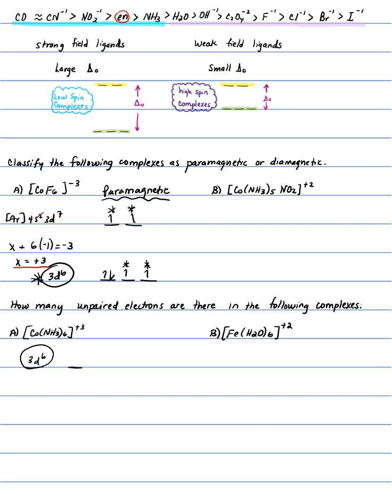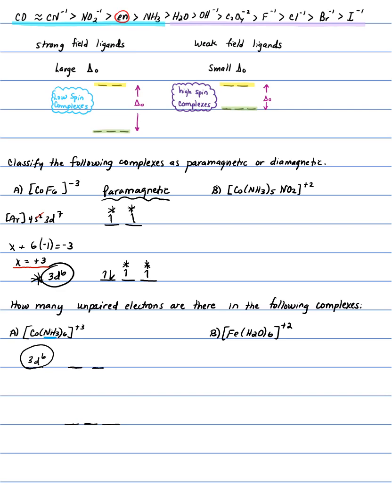So I'm going to draw my orbitals 2, 3 on the bottom part, and I have to arrange my 6 electrons. But to arrange my electrons, I need to know if it's a low spin or a high spin complex. So let's check NH3. NH3, it's a strong field ligand.